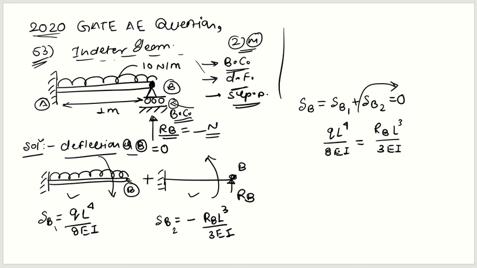Now guys, everything in this question they have given, and they have simply asked to calculate R_B in this case. So I hope you can easily put in those values. EI, and the length is also given as 1 meter, and q is also given, which is 10 Newton per meter.